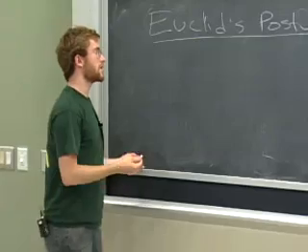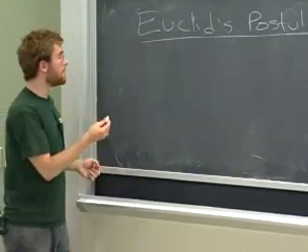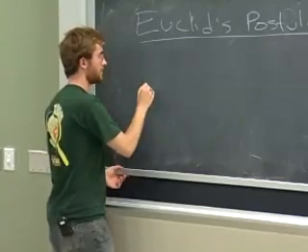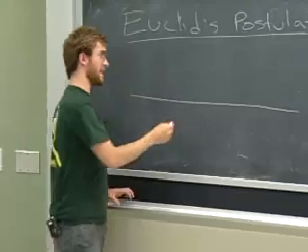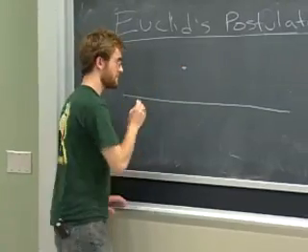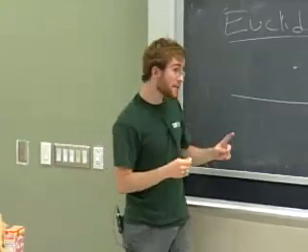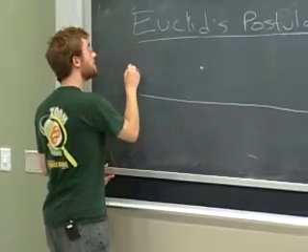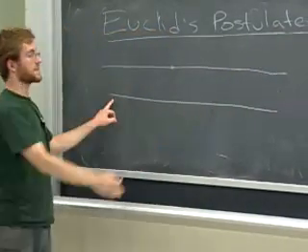He tried to derive it from the previous four, but he couldn't. And that's the idea that if you have a line and a point not on the line, there's a unique line that goes to that point, but never intersects this line.